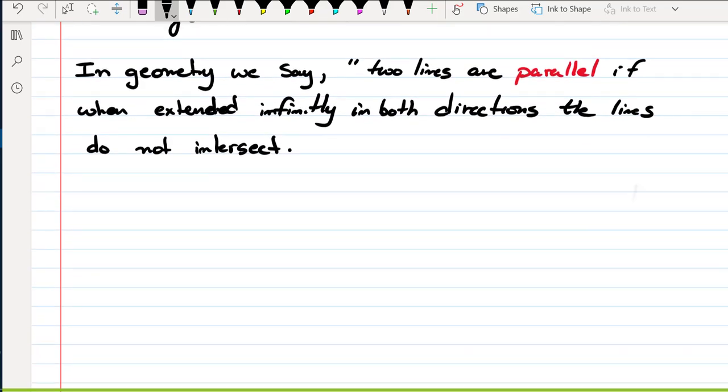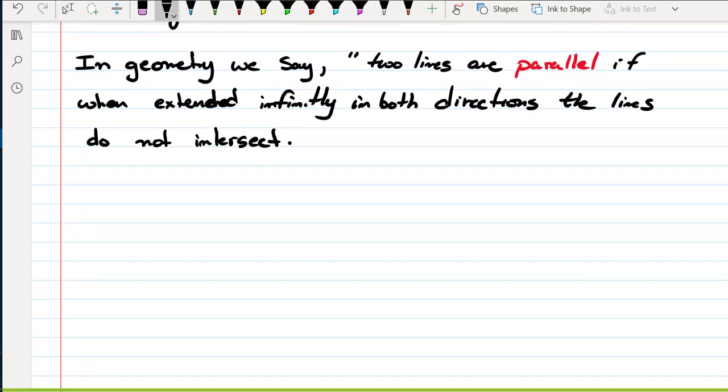So geometrically, in terms of a picture, we'd have two lines, and if we extended them infinitely in both directions, they would not intersect.